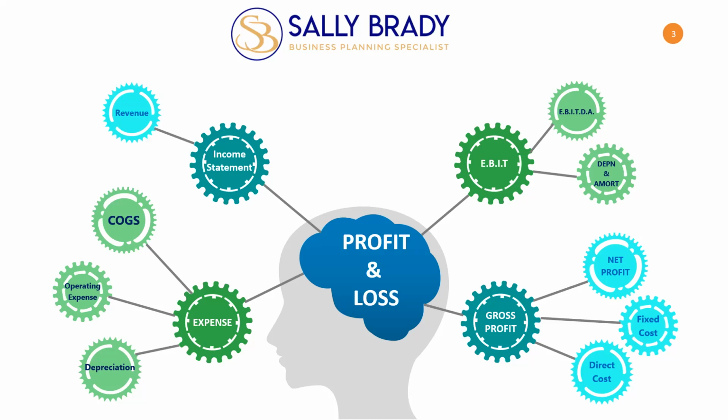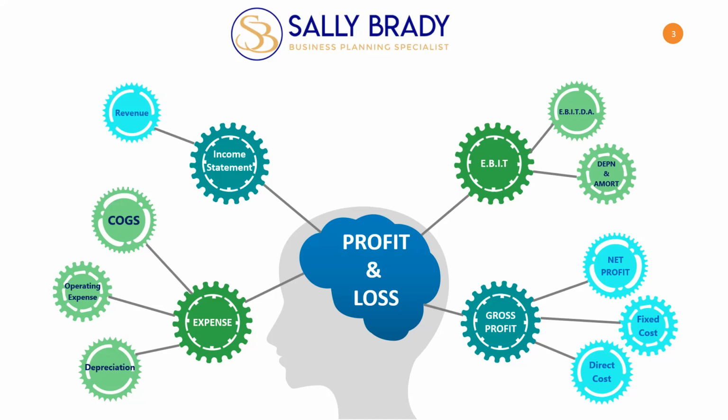Now, this is where I think it can get confusing. So I'm going to take you back. So we've got sales, we've got cost of goods sold, gross profit, and then we go into the expenses, the operating expenses of the business. Then we go into depreciation. Then we get EBIT. And then we will get interest and tax, net profit.